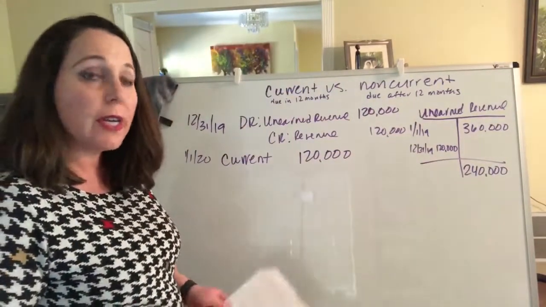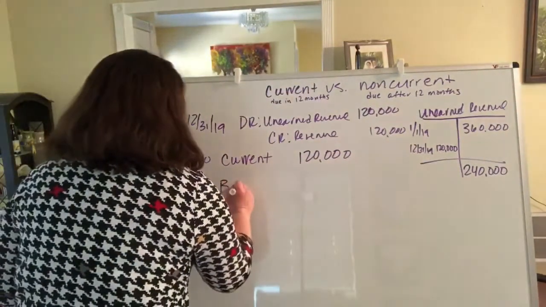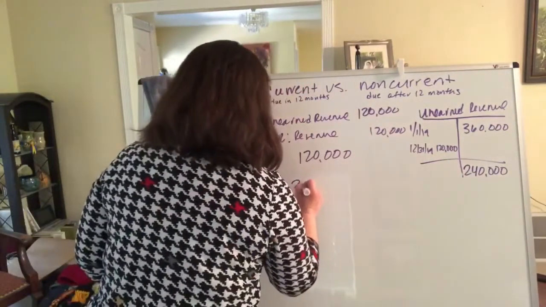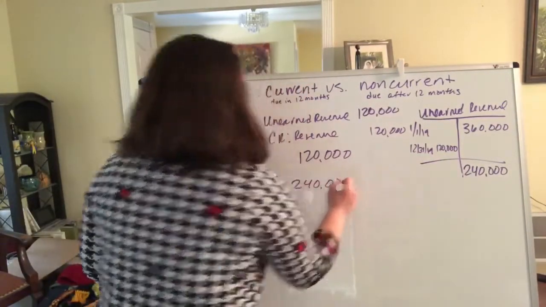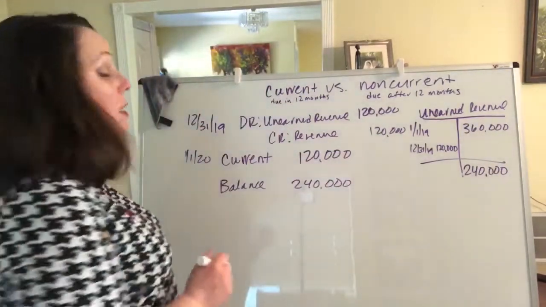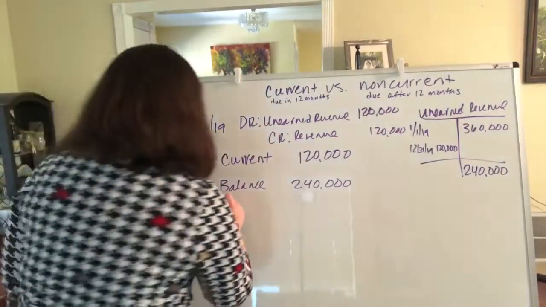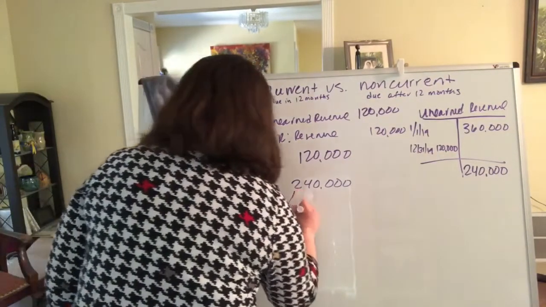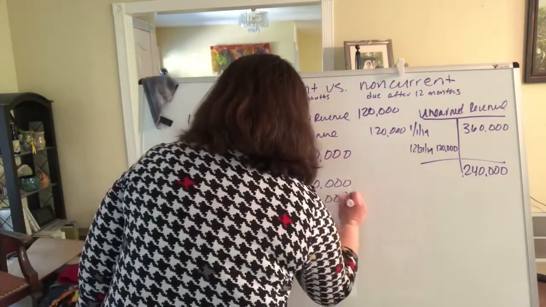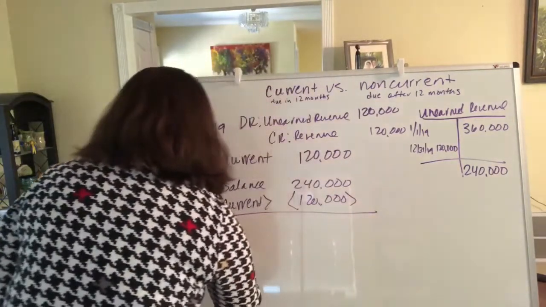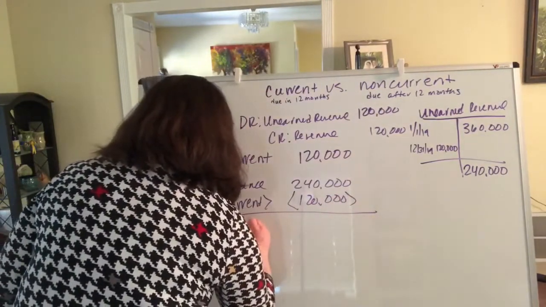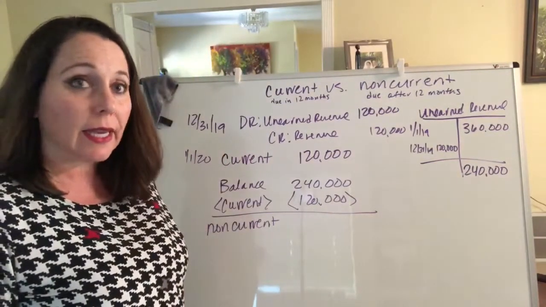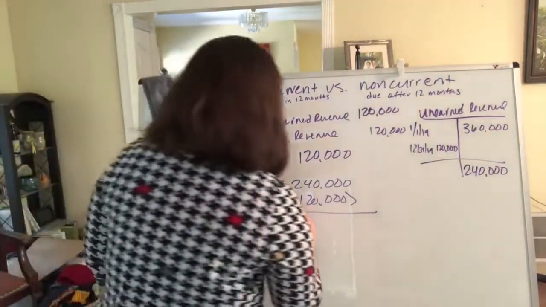For our non-current, we need to take the balance, which is $240,000, and then we're going to subtract the current. So our non-current is 120,000.